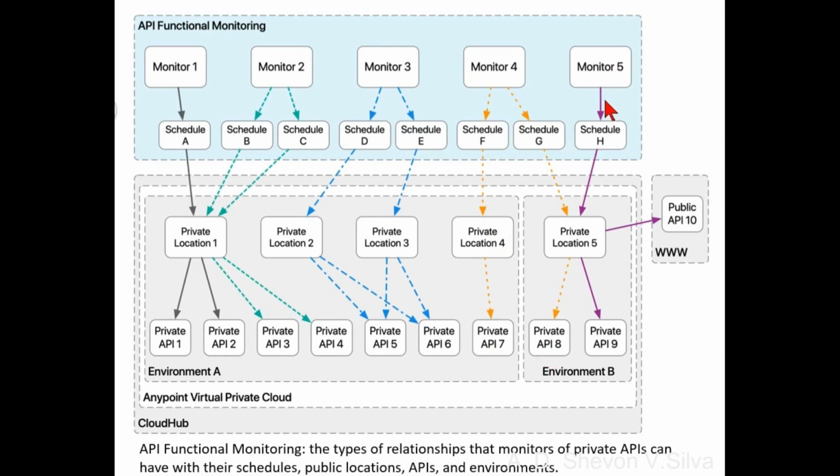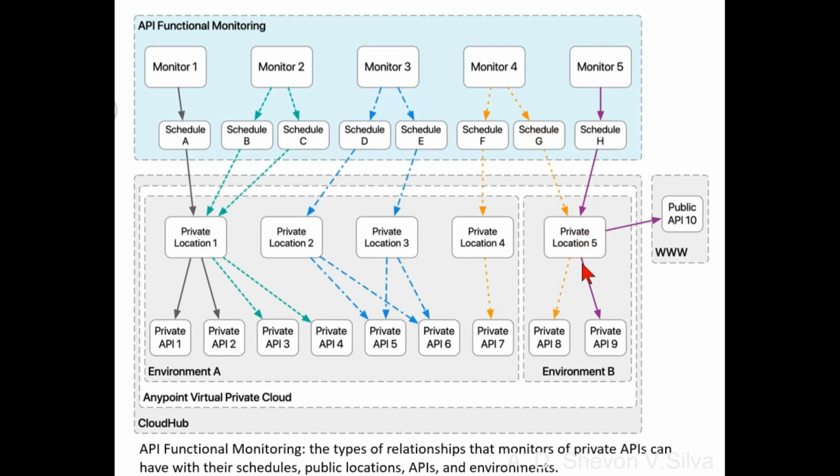Monitor 5's relationship is indicated with the solid violet arrows. Test private and public APIs. Monitor 5 runs on one schedule, schedule H, although it could run on multiple schedules. The schedule is associated with the private location 5.